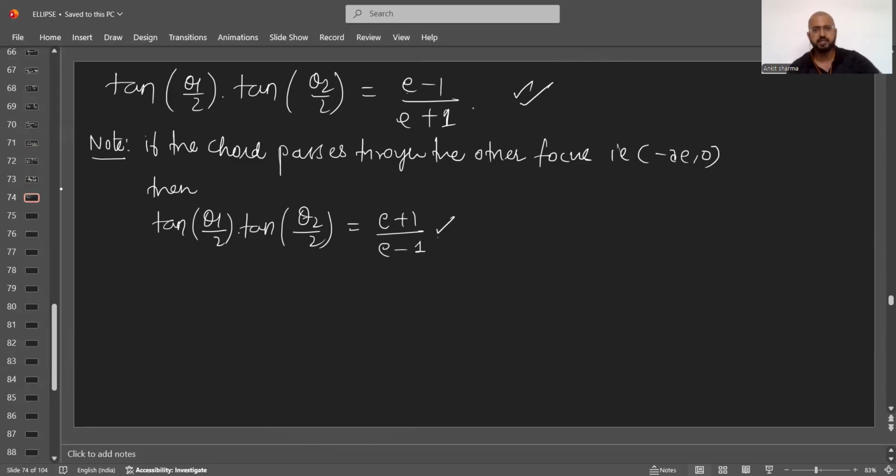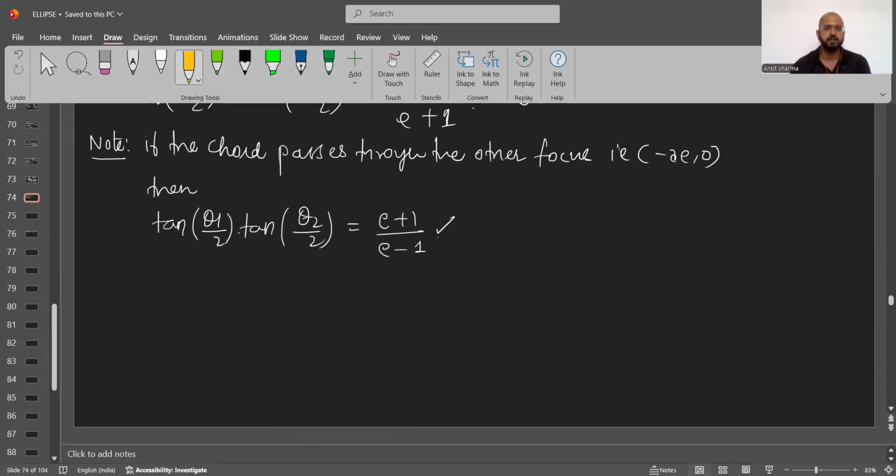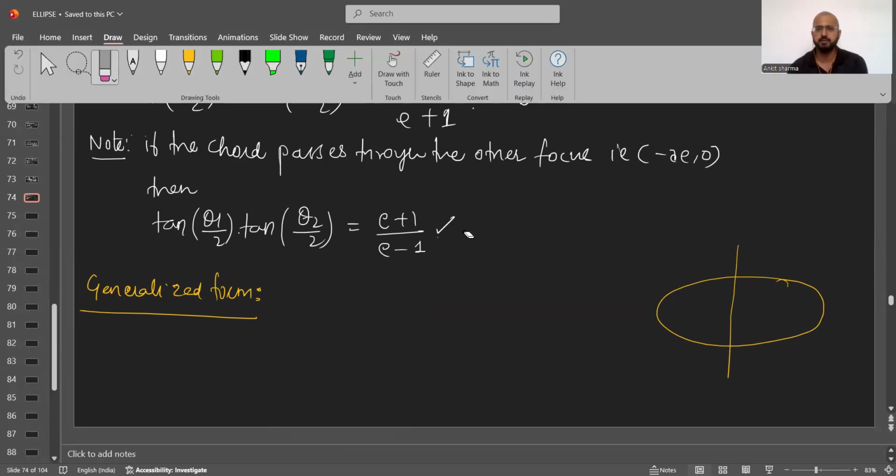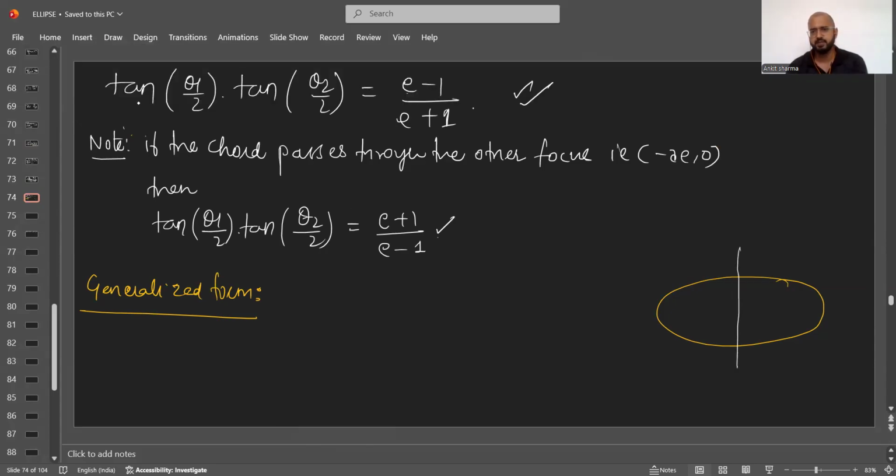Now, in fact, we can generalize this. This would become a broad statement: the generalized form of the above theorem. Let's say I have an ellipse here and a chord joining two points on this ellipse.